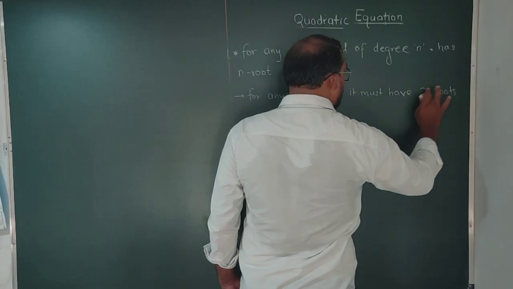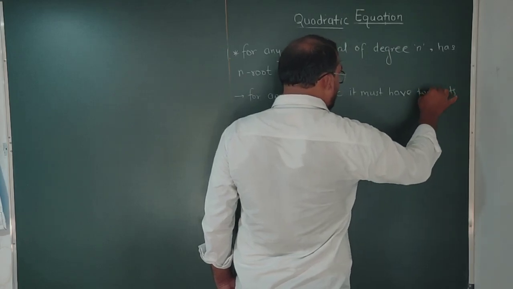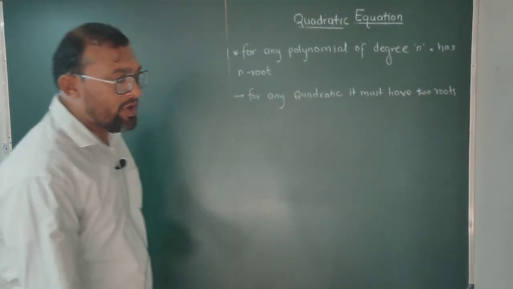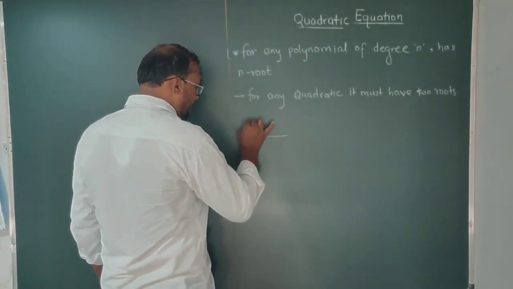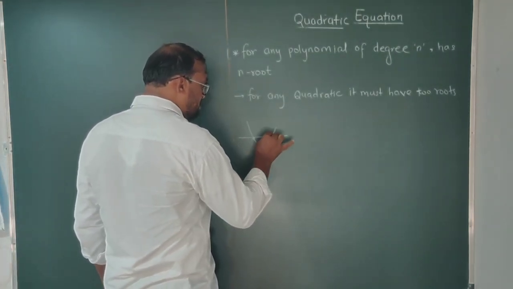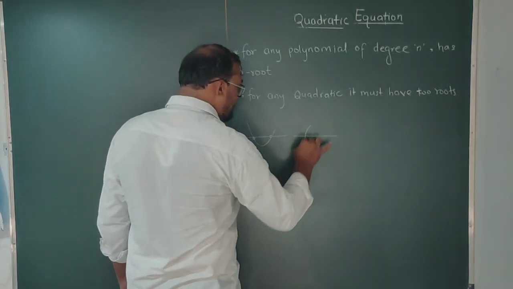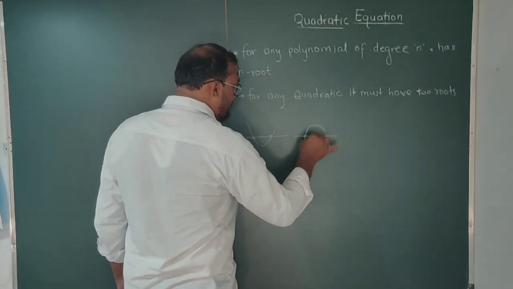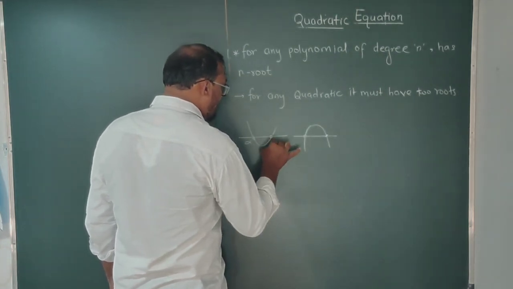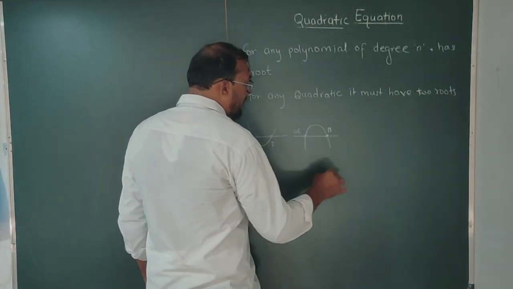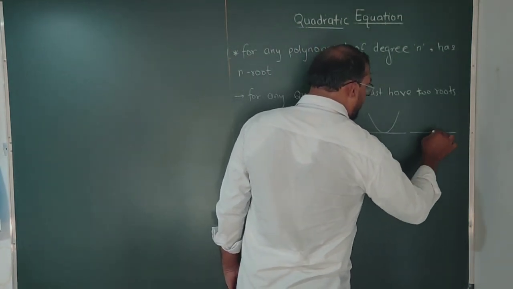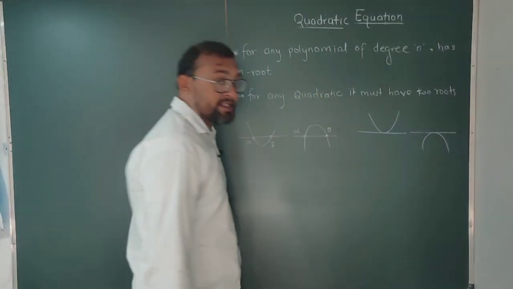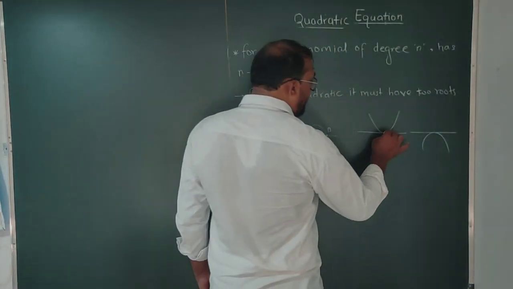Now, since it has two roots, we have already seen that we have very different conditions. Let's suppose it cuts this way, so we get two roots, no problem. If it cuts this way, we also get two roots, alpha, beta. If it touches the x-axis, the horizontal line, then we only get a single point.